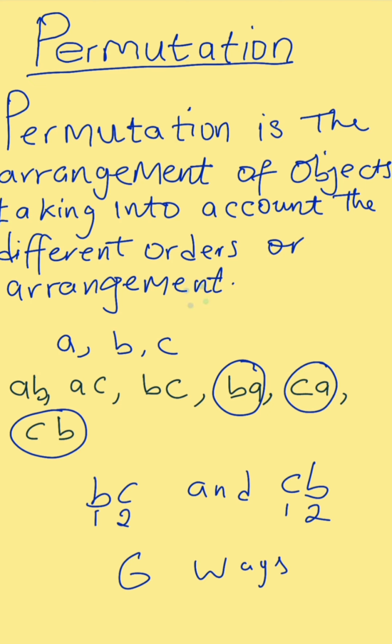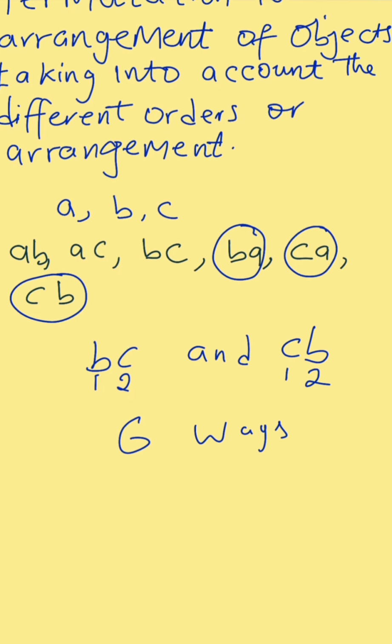So the number of ways of arranging an object taking into consideration the order of arrangement is seen as a permutation. Now there is a general formula for permutation.